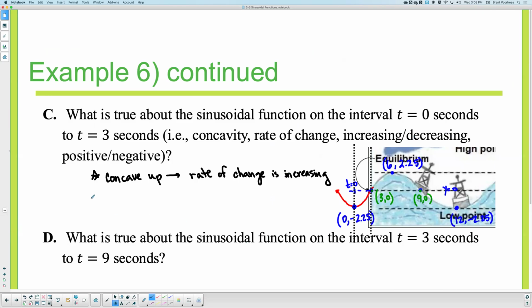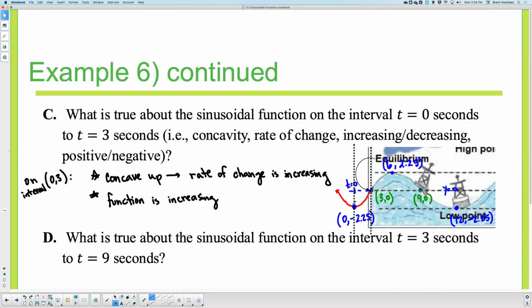The function itself is increasing. And this is all on the interval 0 to 3.